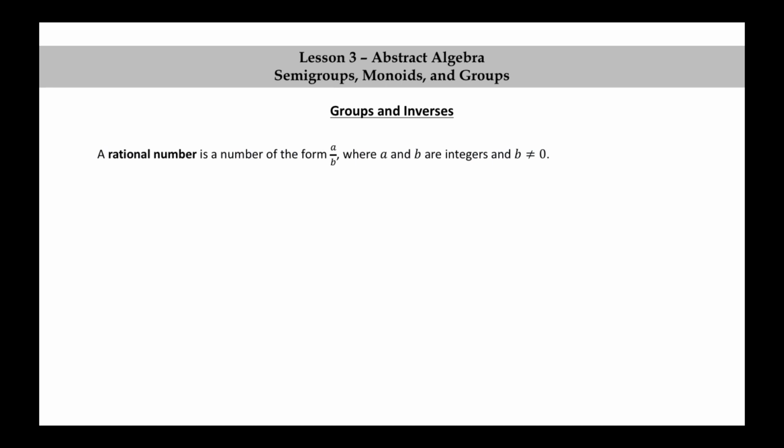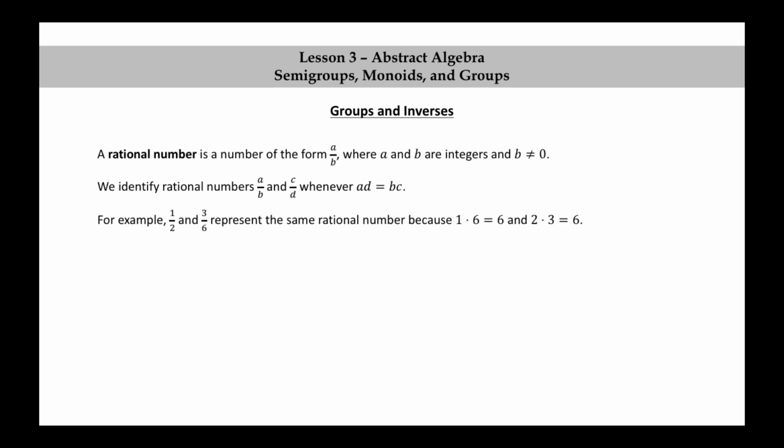A rational number is a number of the form a/b, where a and b are integers and b is not equal to 0. We identify rational numbers a/b and c/d whenever a times d is equal to b times c. For example, 1/2 and 3/6 represent the same rational number because 1 times 6 is equal to 6, and 2 times 3 is equal to 6.